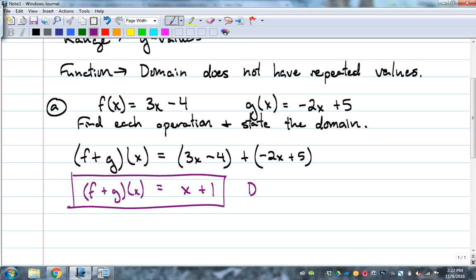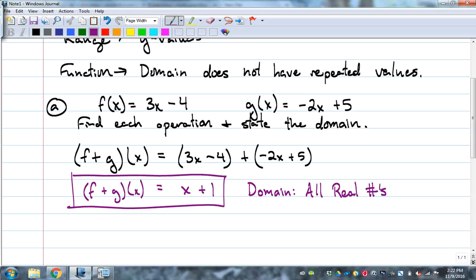Okay, the domain on that, since there's no square root, there's no 1/4 power, there's nothing going on here but just plain x and a 1. There are no restrictions on the x, so our domain would be all real numbers. All real numbers. That's the domain.